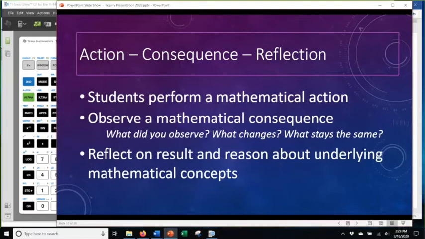The questions that you ask students when they observe the consequence can be very simple. What did you observe? What changes? What stays the same? And this reflection piece has turned out, I have discovered myself, is really the critical piece of the whole activity.